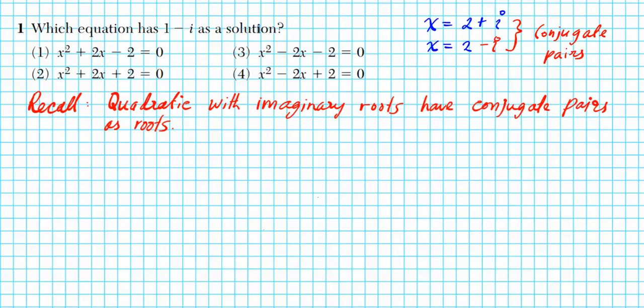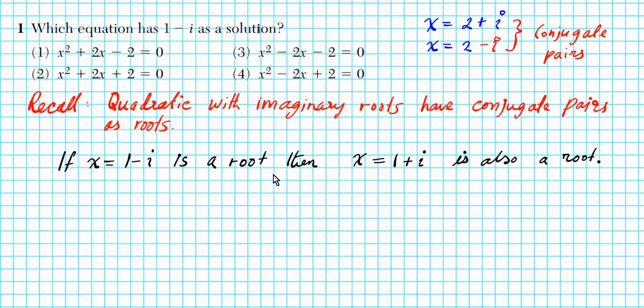All right, so let's write down the following remark. If x equals 1 minus i is a root, then x equals 1 plus i, the conjugate, is also a root.